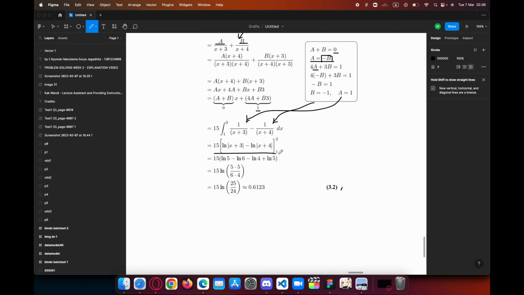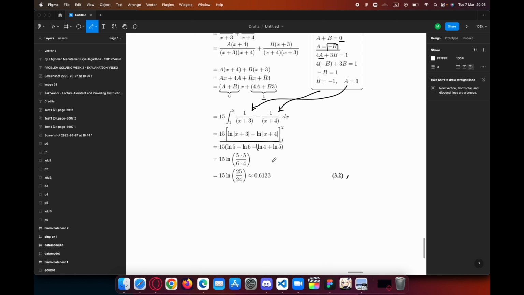So substitute 1. So ln of 1 plus 3 is ln 4, and then minus ln of x plus 4. So x is 1, so it's minus ln 5, but we got minus here, so it's minus ln 4, and then minus minus ln 5, so it's plus ln 5. Then we can calculate this.